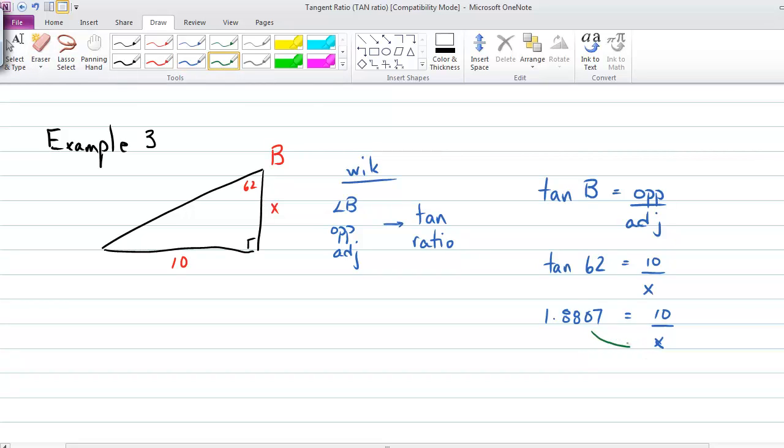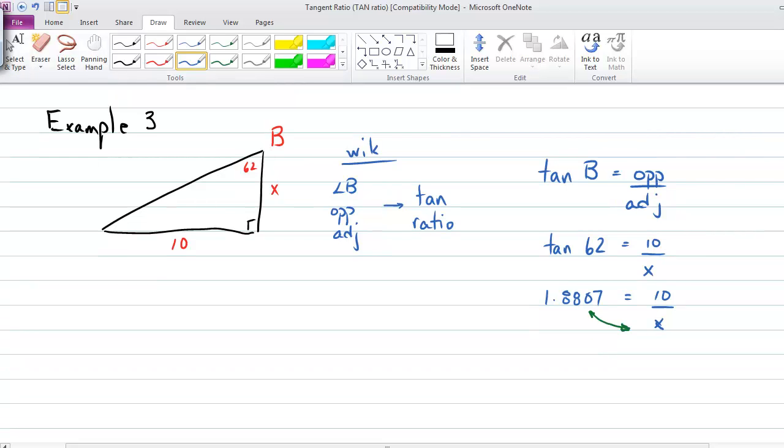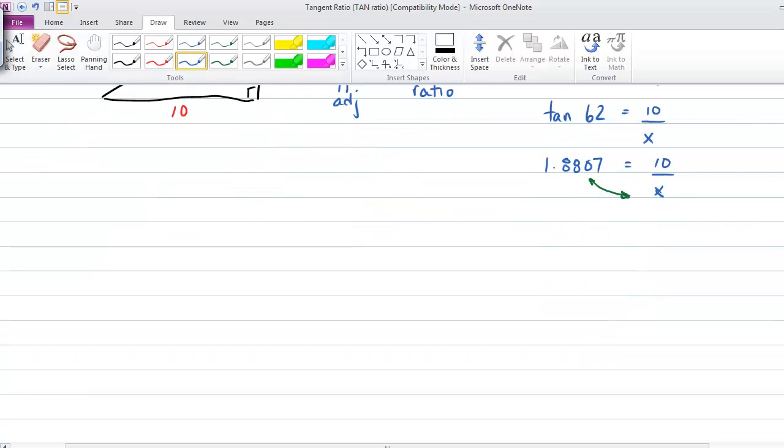And again, we're going to talk about this in class as well. But a little shortcut for right now is what eventually happens is you just interchange that number to the left with the x on the bottom. And again, we will look at the algebra behind this in class. But what we end up with is x is equal to 10 divided by 1.8807, and that equals 5.3.